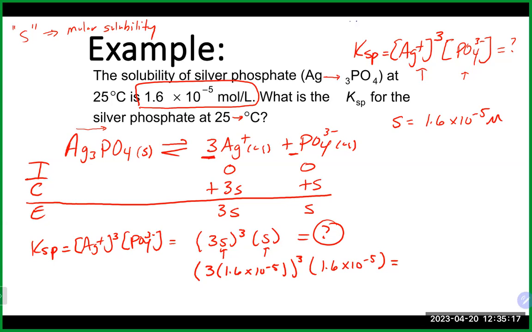That's going to give us a Ksp value of 1.8 times 10 to the minus 18. It is still a K value, which means it has no units, and it's a small K value, which makes sense. That means that pretty much most of this is still staying together as an insoluble solid.